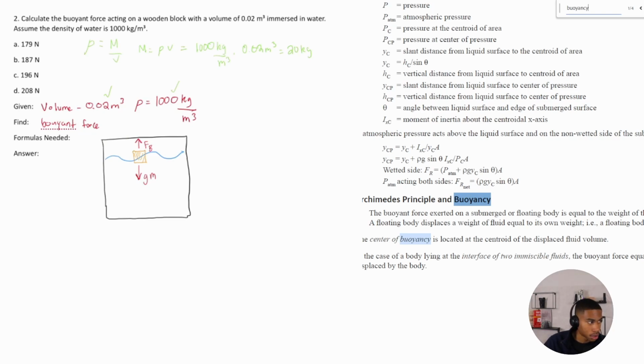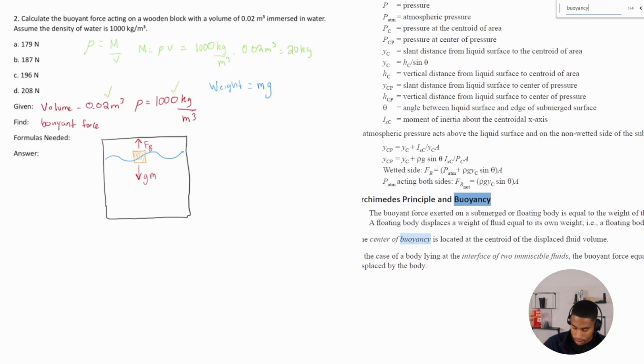Okay. Now that we have our mass, all right, the weight of the block is equal to mass times gravity. All right.